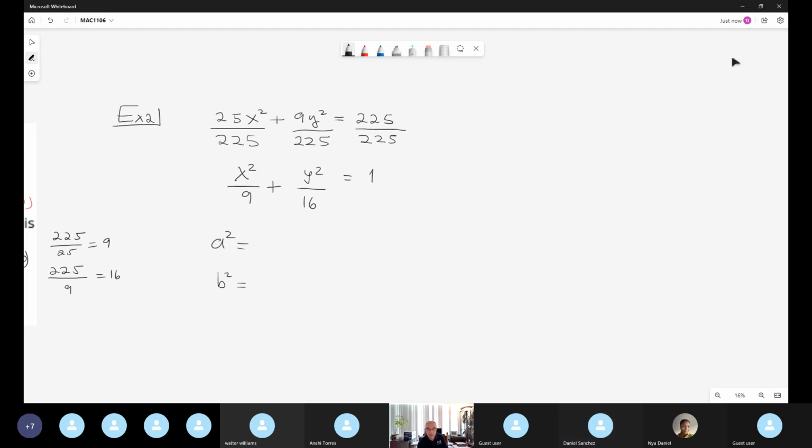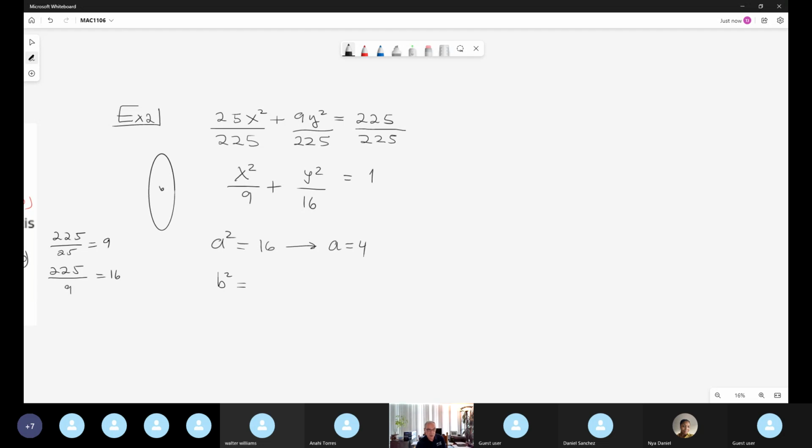No. Remember, why? Because A is the bigger number. So you recognize, it's totally interchangeable. So now in the previous example, in example 1, I put intentionally that A is associated with the X. But in this case, no, A is 16, so A squared is 16. Therefore, A alone is 4, square root of 16. And so now I realize that the major axis is associated with the Y. Now, I suppose that when you finish, my ellipse looks like that.